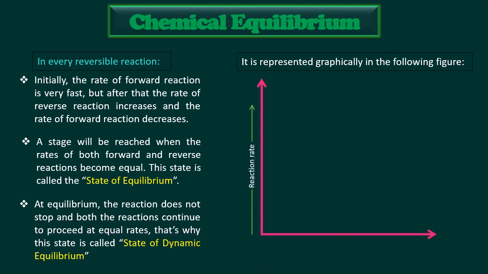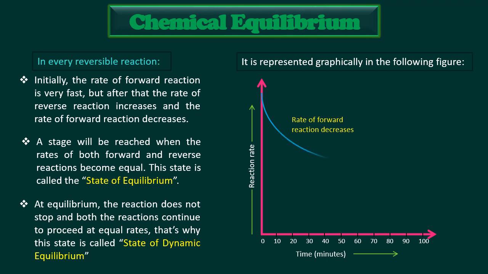where the reaction rate is plotted against time. As there are two reactions in a reversible reaction, that is forward and reverse, so we plot the graph for each reaction separately. The rate of forward reaction decreases with time, which is shown by this curve.